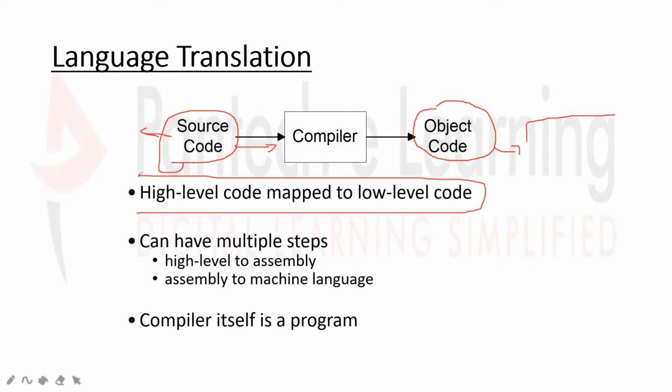High level will be converted into low level language in multiple steps, like high level to assembly and assembly to machine language. After the assembly language, it is directly converted into machine language. Like that it will be programmed, so automatically the compiler will do it itself.